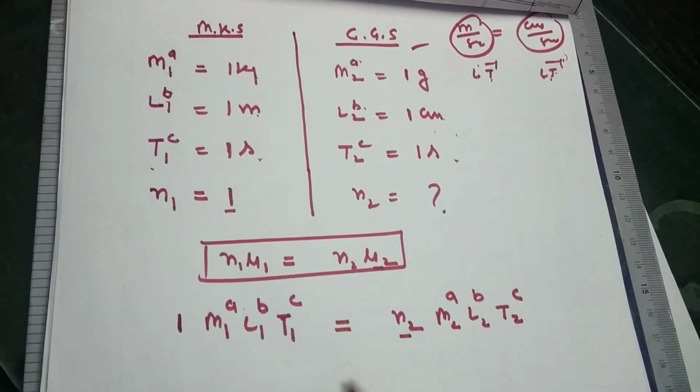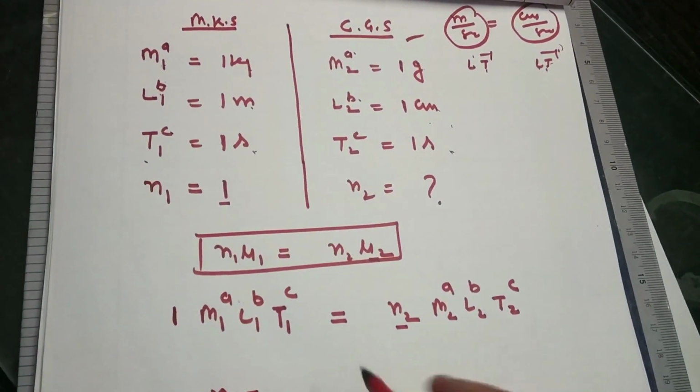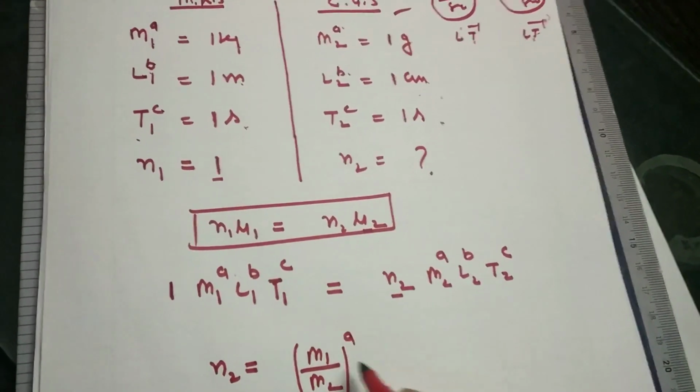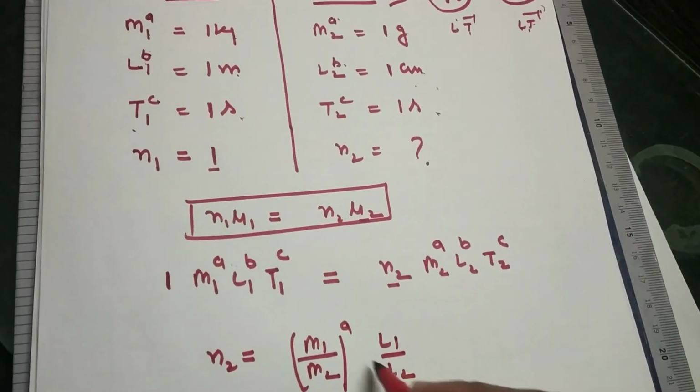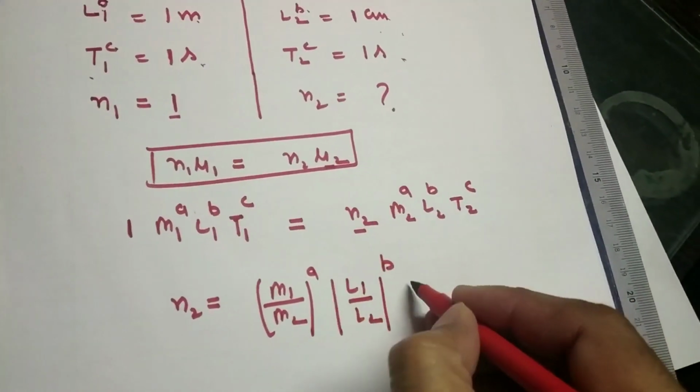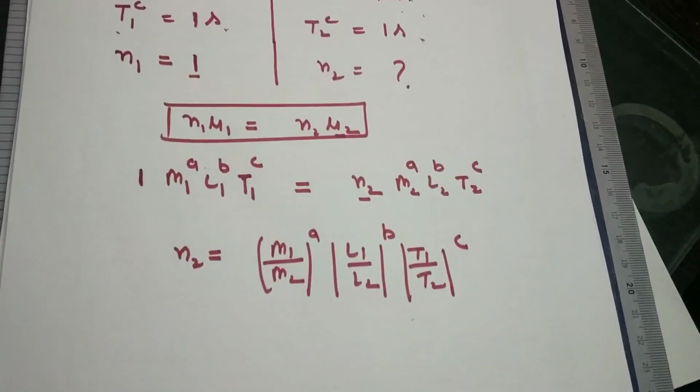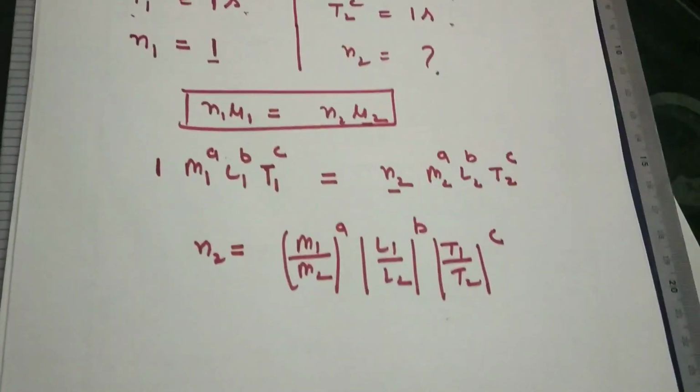So we have to find N2. Then N2 equals (M1/M2)^a (L1/L2)^b (T1/T2)^c. Clear? Now put the value.